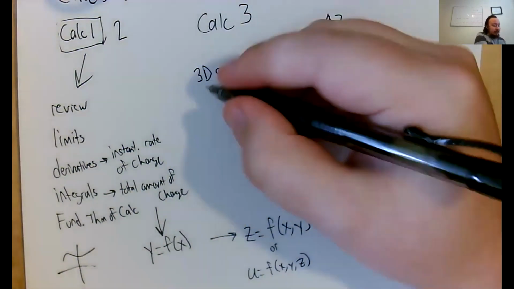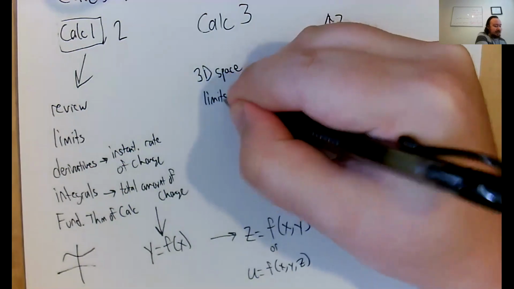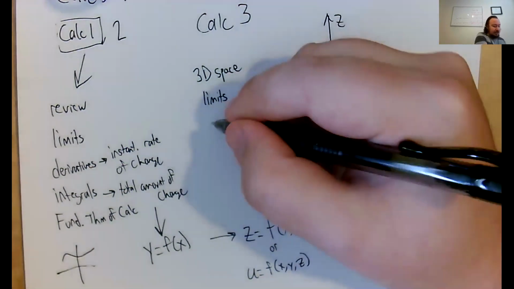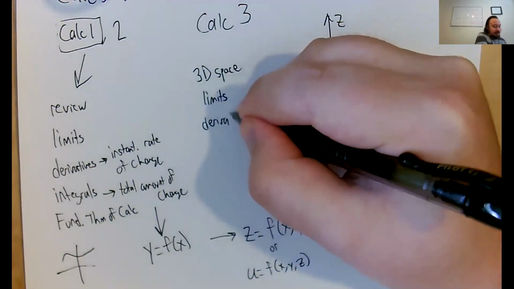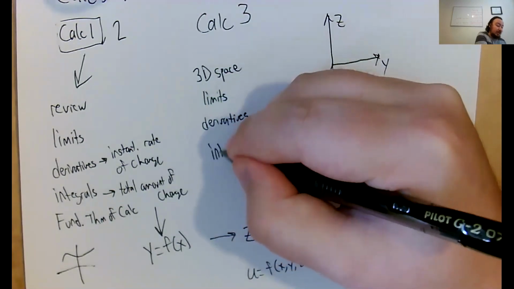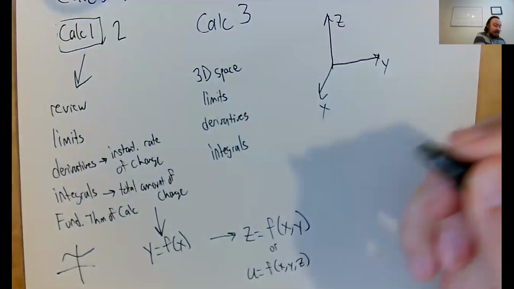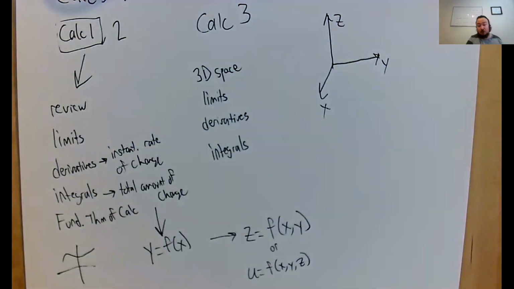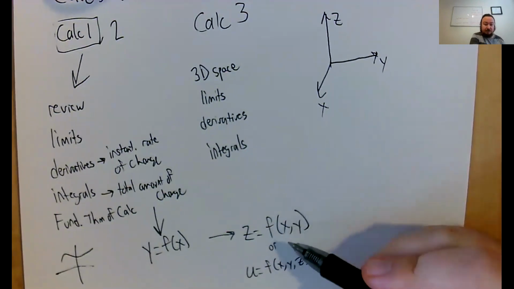Once we do that, then we're going to learn about limits for multivariable functions. Then we're going to talk about the multivariable version of derivatives. And then we're going to talk about the new version of integrals. And then finally, we're going to see that there in fact are higher dimensional versions of the fundamental theorem of calculus that apply to functions of multiple variables.